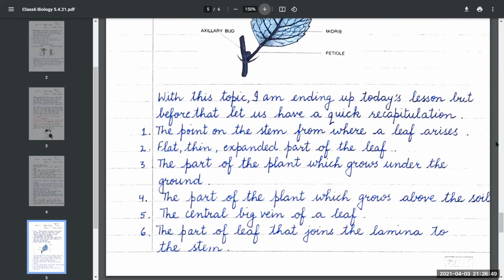Number three, the part of the plant which grows under the ground. Number four, the part of the plant which grows above the soil. Number five, the central big vein of a leaf. And number six, the part of leaf that joins the lamina to the stem.